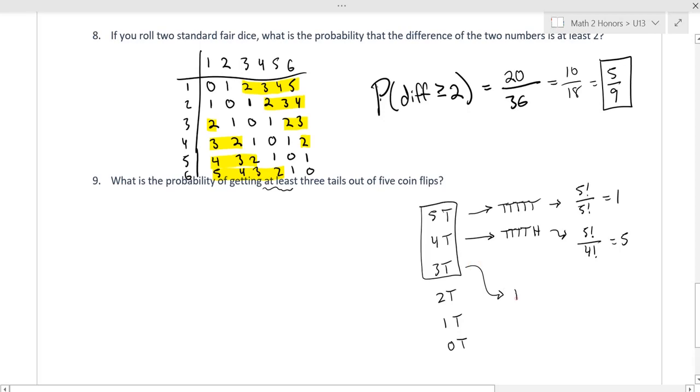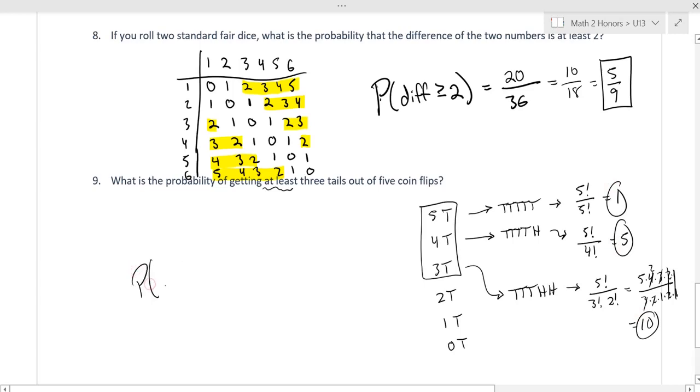And one more, you have 3 tails and 2 heads. So you've got 5 letters, 3 T repeats, and 2 H repeats. So you're going to end up with 10. We get 10, 5, and 1, so it's 16.